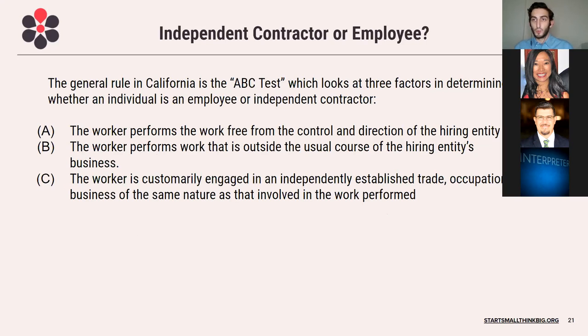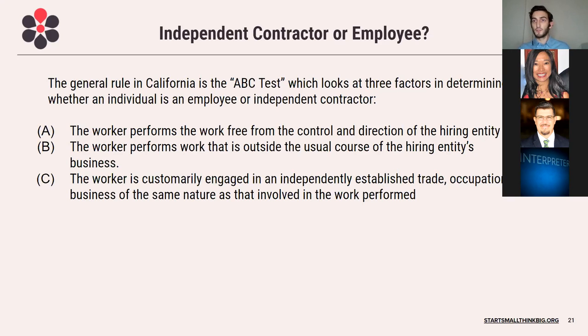The general rule in California, the general test that is used to analyze whether a person is an independent contractor or an employee, is called the ABC test. This test applies in most situations.